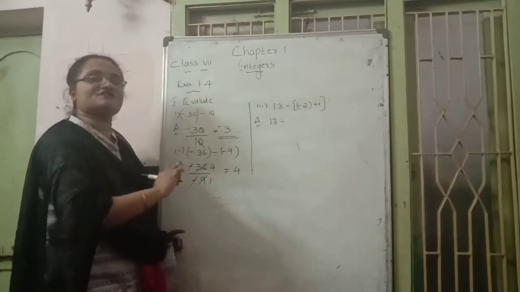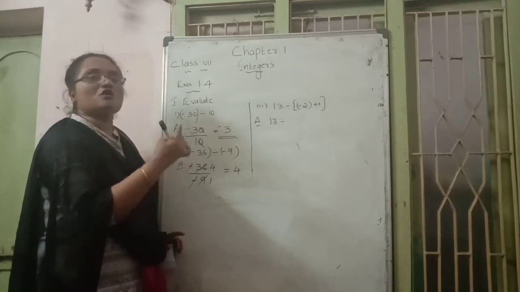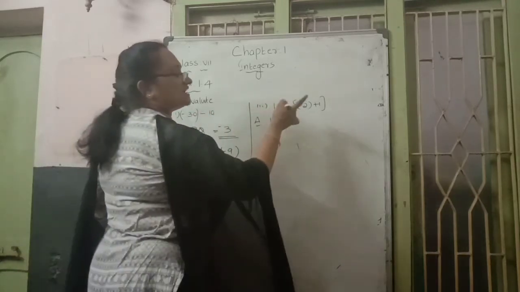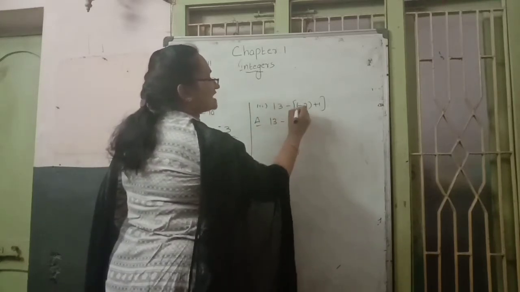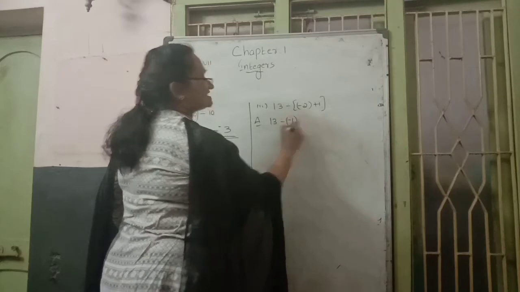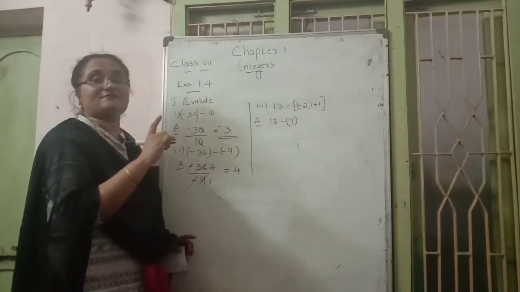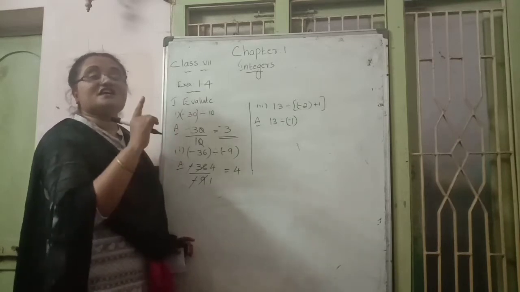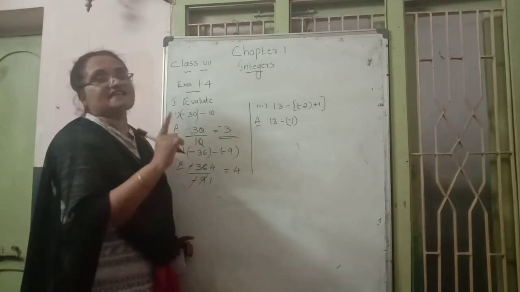One is negative and the other positive, so we subtract and put the sign of the bigger number. 2 minus 1 is 1, and since 2 is bigger and its sign is minus, we get minus 1.